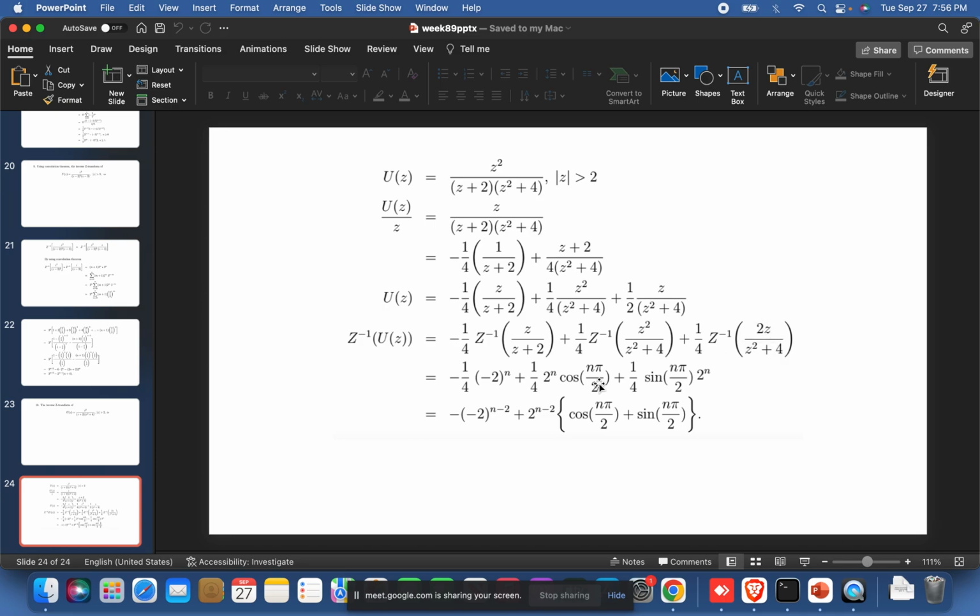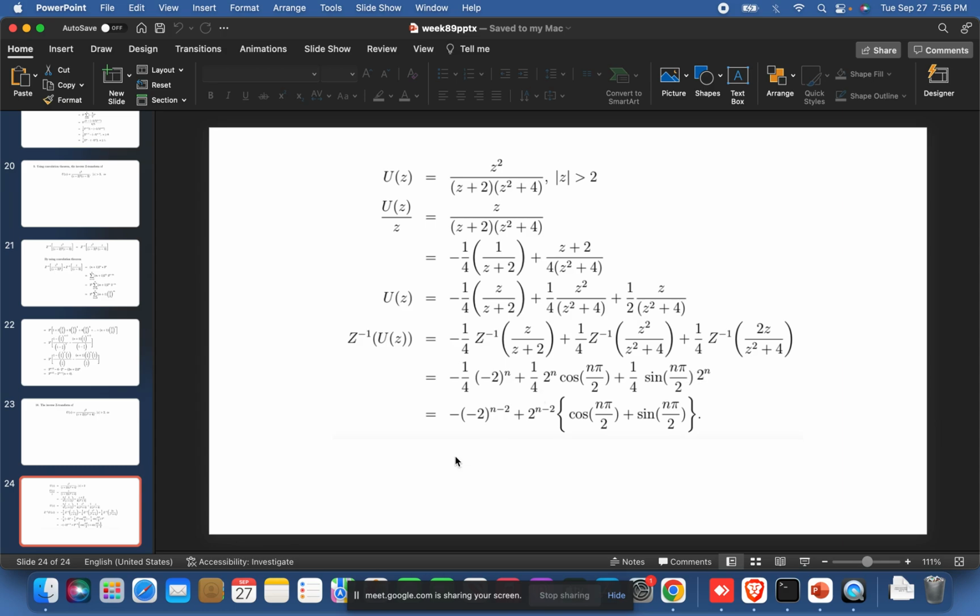And here if you use the damping rule, you will get the inverse z transform of the following sequences. So the answer of this question is z inverse of U(z) is given by minus 1 by 4 times minus 2 power n, plus 2 power n minus 2 times cos n pi by 2 plus sin n pi by 2.